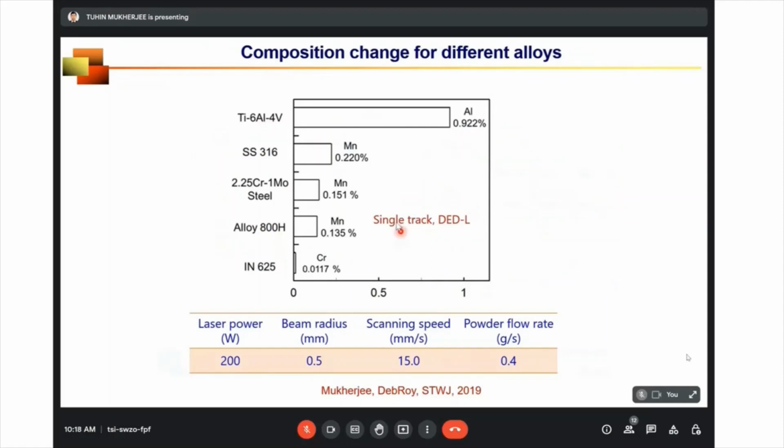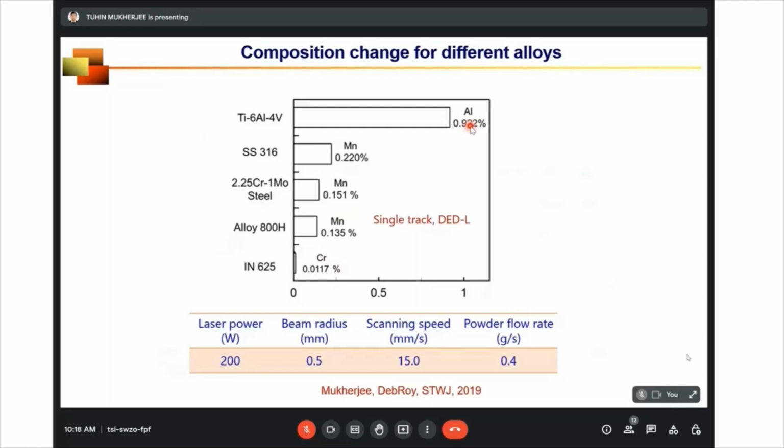So if we have the same material and same process and try to compare different common alloys, we can see that for titanium alloy, aluminum is the most susceptible element for vaporization. For stainless steel, this is manganese. For other steel also, this is manganese. For this Inconel super alloy, this is chromium.